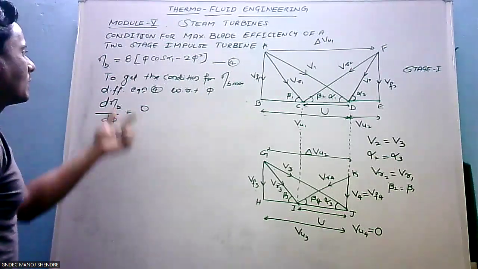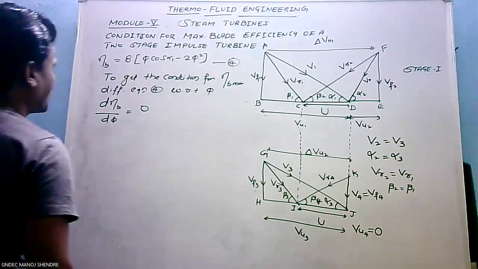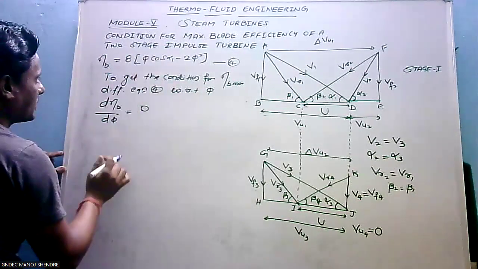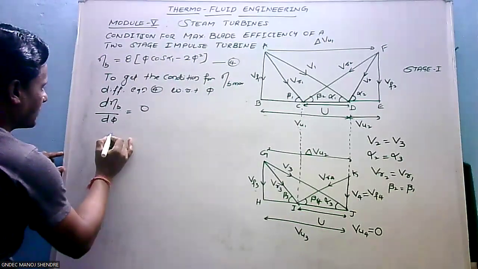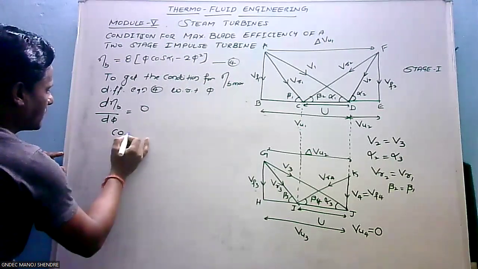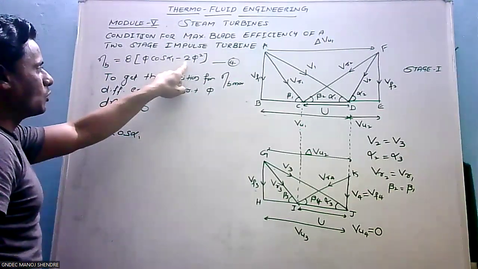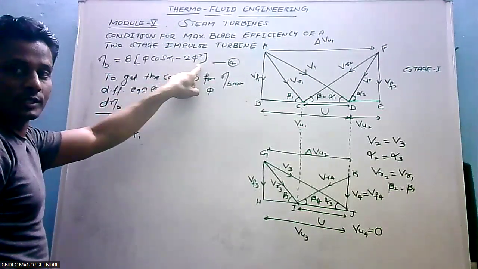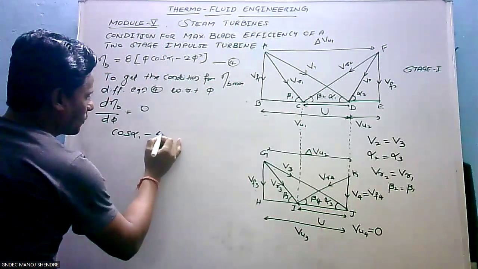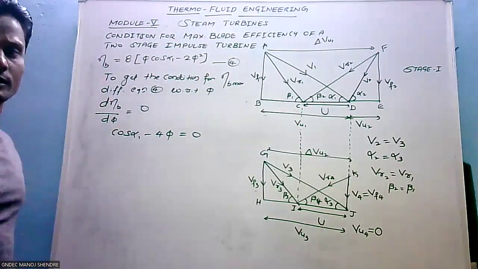Now the differentiation of this complete term. The differentiation of phi into cos alpha 1 is only cos alpha 1, and the differentiation of 2 phi square is 4 phi, so cos alpha 1 minus 4 phi equals 0.